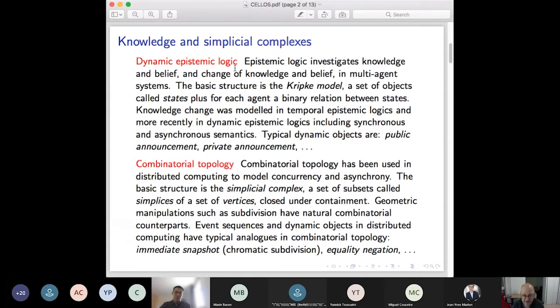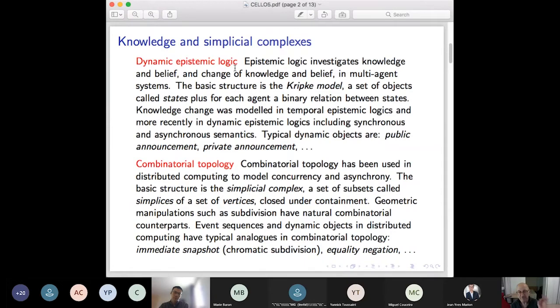Combinatorial topology is something completely different, at least for me, up to recently completely different, which is used mainly in distributed computing to model concurrency and asynchrony. And here the basic structure is not, well, it's still you might say a set of things, but here the simplicial complex is the basic structure.